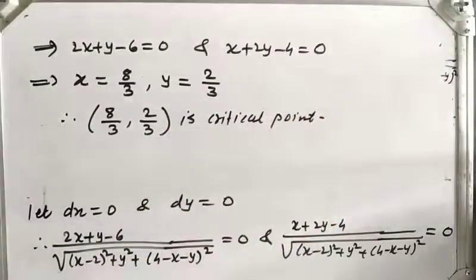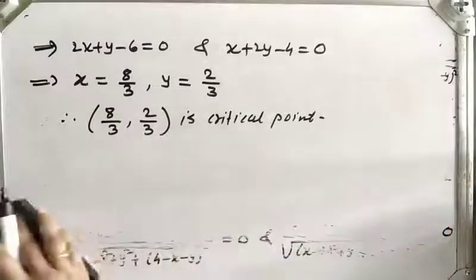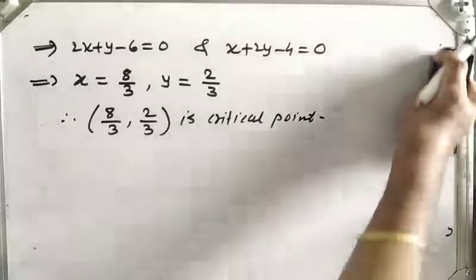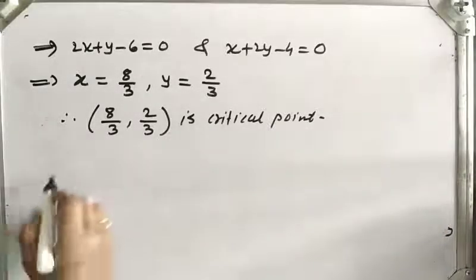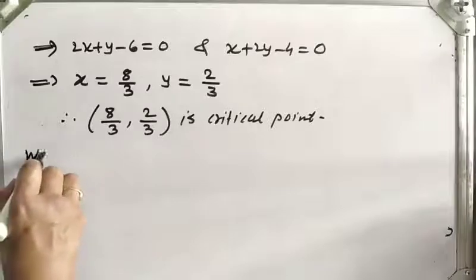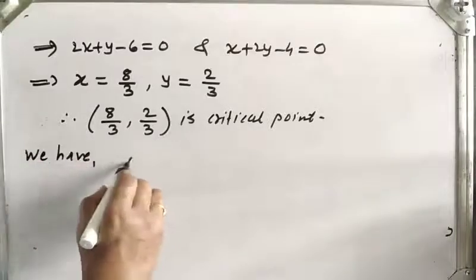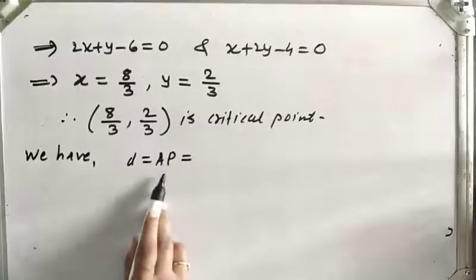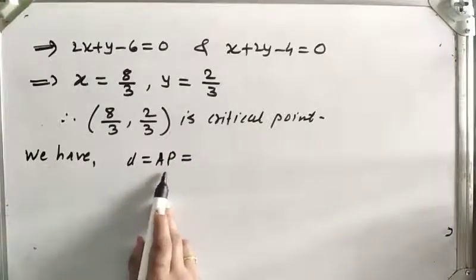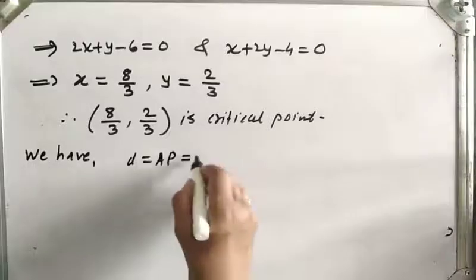Here we get x and y. And in this example, we have to find the shortest distance. What was the formula for that? We considered the point P such that the distance between A and P is minimum.